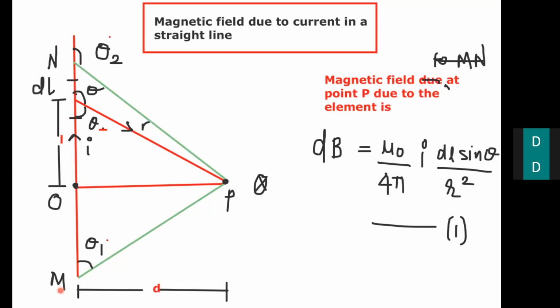We want to know the magnetic field there. So the point P is on the perpendicular bisector of ML.